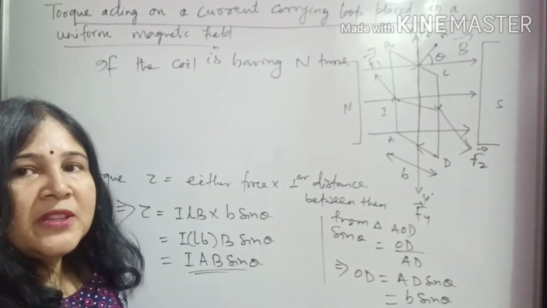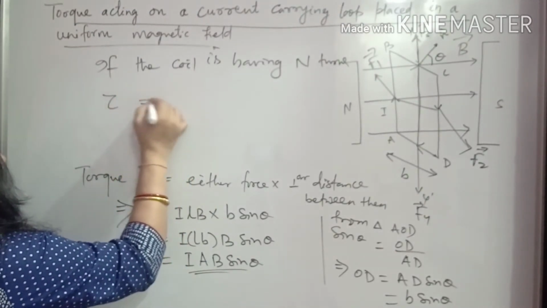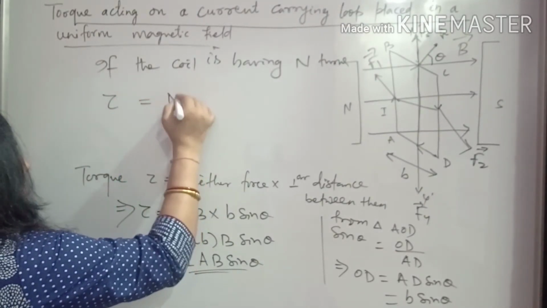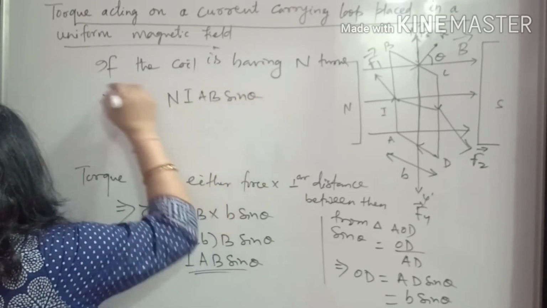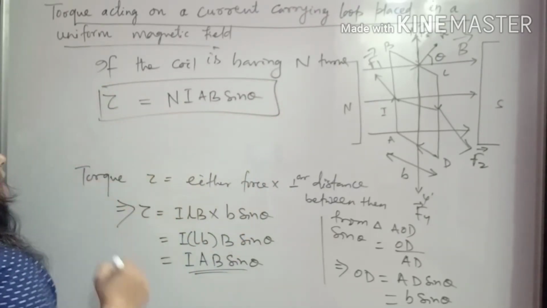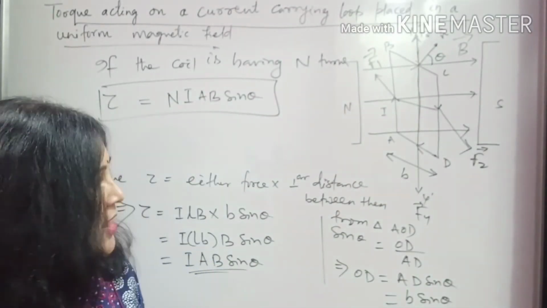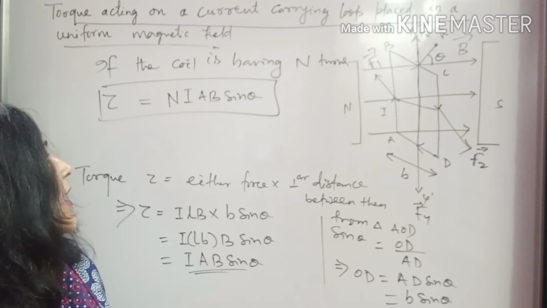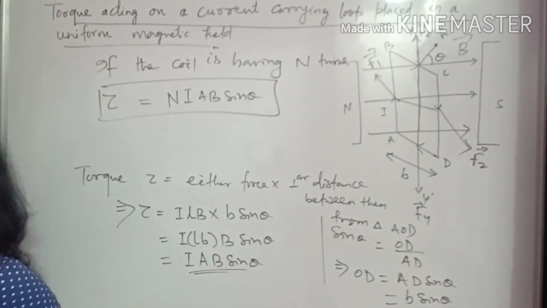So what will be the net torque acting on it? In that case, the total tau will be equal to n I A B sine theta. Tau equals NIAB sine theta. This is how we can calculate the torque acting on a current carrying loop when it is placed in a uniform magnetic field.